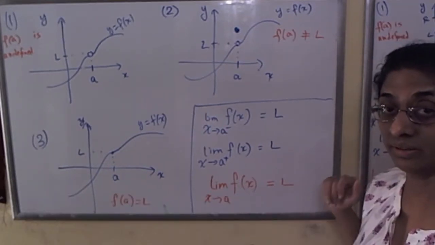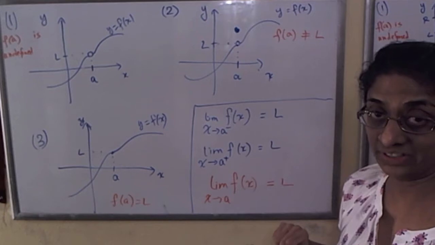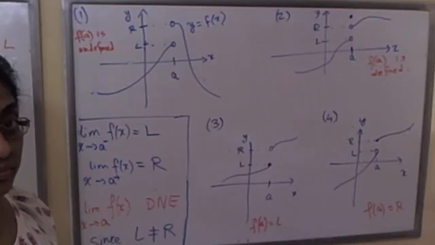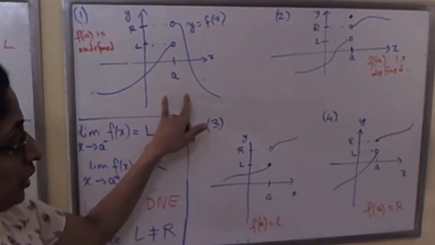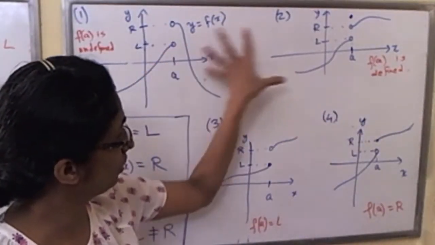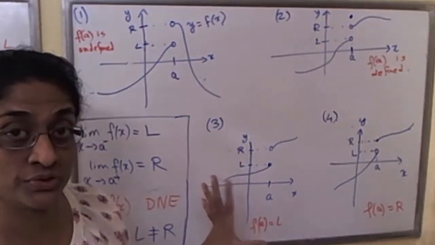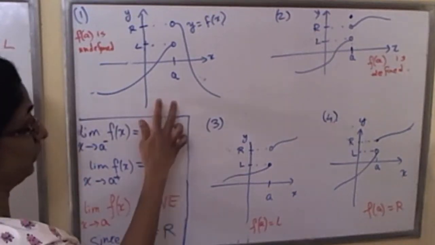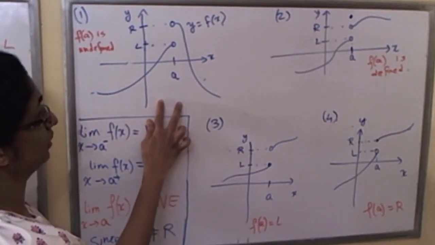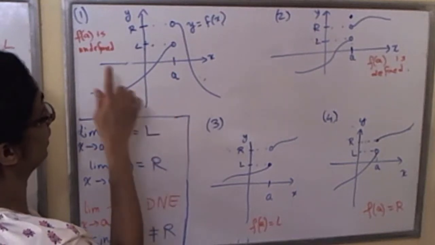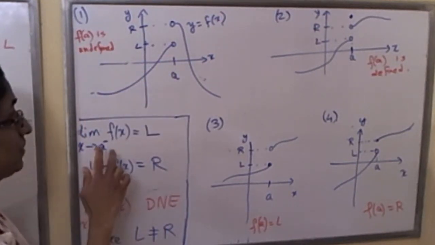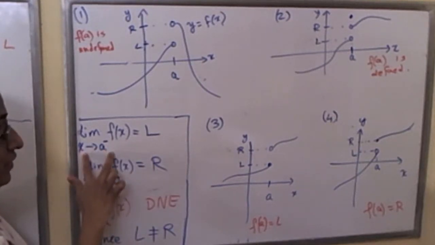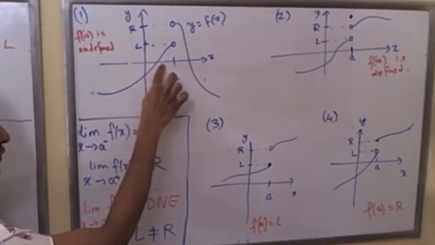Now let's look at a different category of examples. Let's discuss one example carefully, and you'll see why I put all these 4 pictures on the same board. So on this example, notice that f of A is undefined, and let us try to compute the left-hand limit for this function.